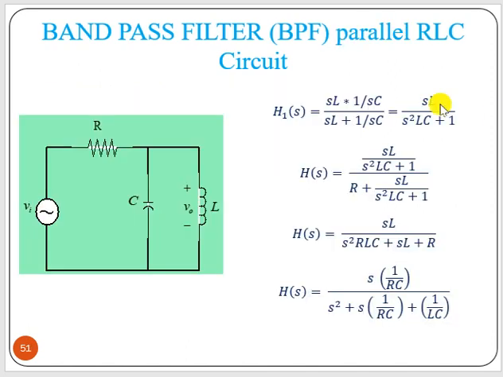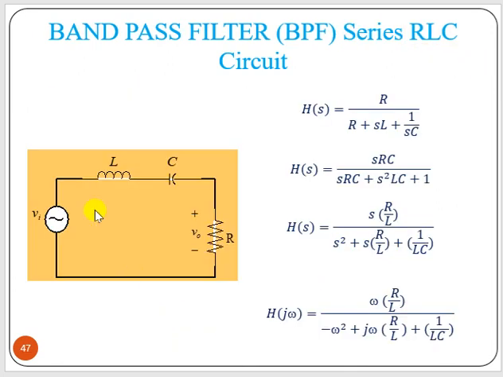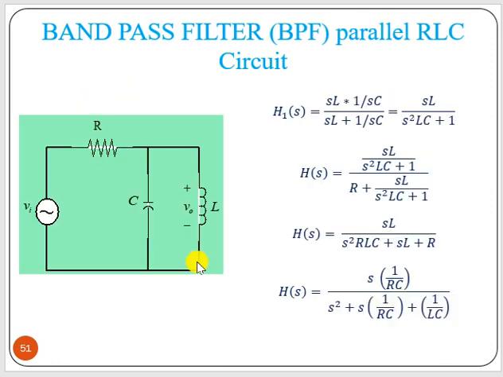Now say a band pass filter for a parallel RLC circuit. The previous one was a series RLC circuit with output taken from the resistance. Here we have LC in parallel, with R in series with that. So the impedance of the LC in parallel is SL into 1 by SC divided by SL plus 1 by SC.